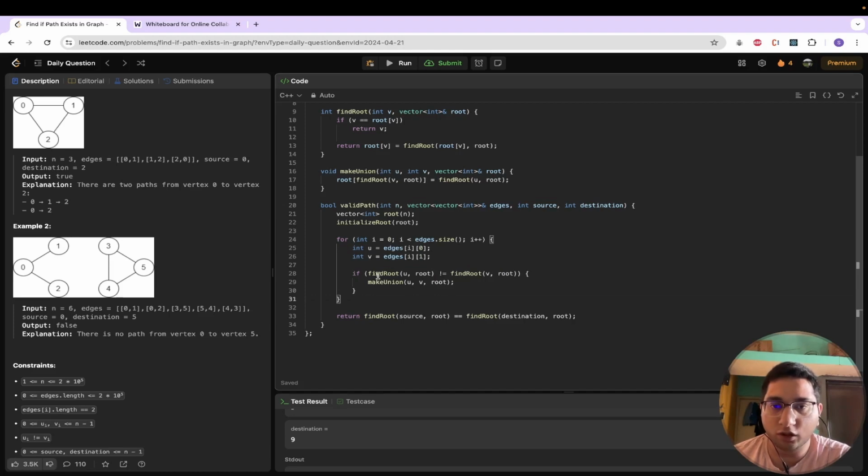Now I will check if the root of u is the same as the root of v or not. If it is not the same, then we need to make the root of u the same as the root of v, because the edge exists between them.